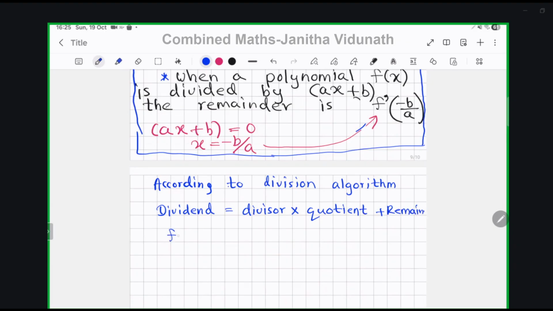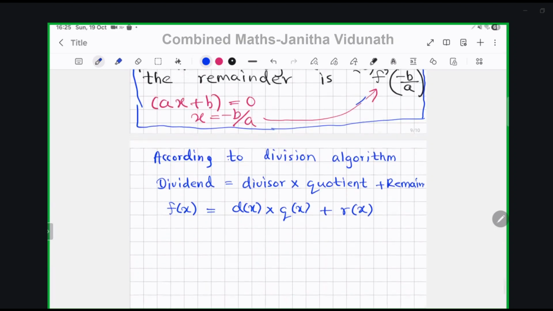That means if our dividend is f(x), then divisor d(x) times our quotient q(x) plus our remainder r(x). From here, we can write f(x) is equal to, now our divisor is x minus a, times q(x).